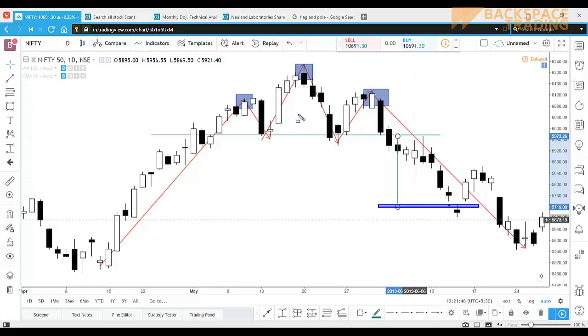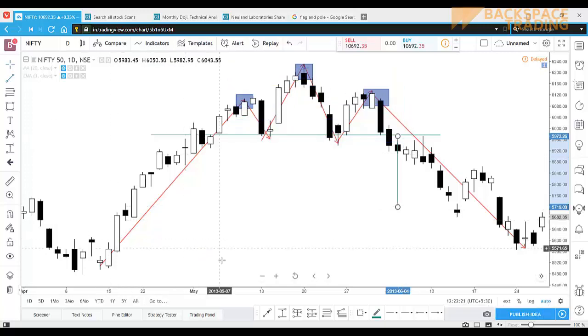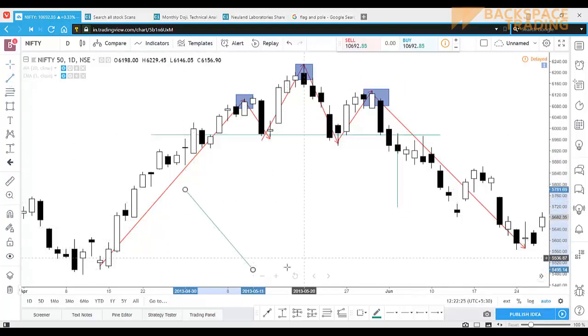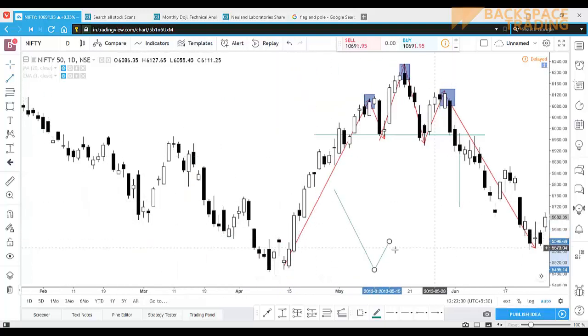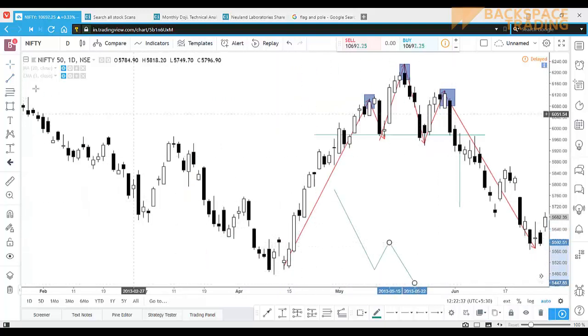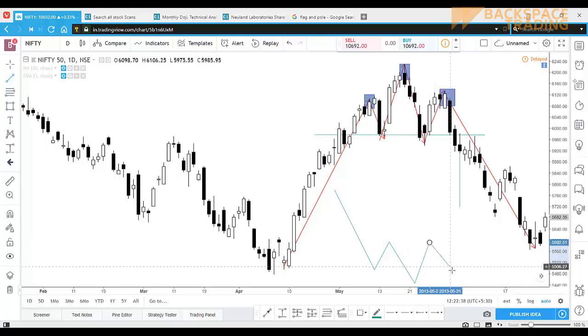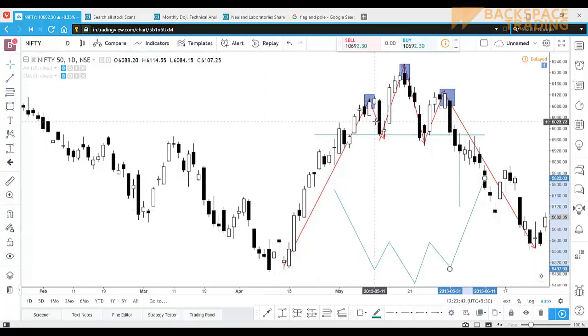Now if you invert all of this, this is a downtrend and it forms this one like this. See, it's just inversion.